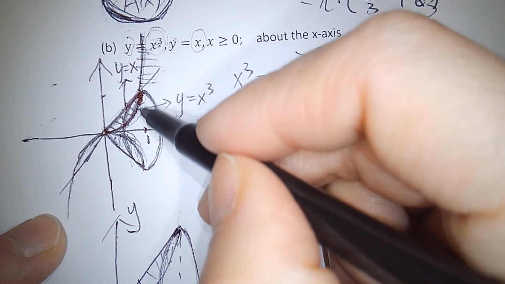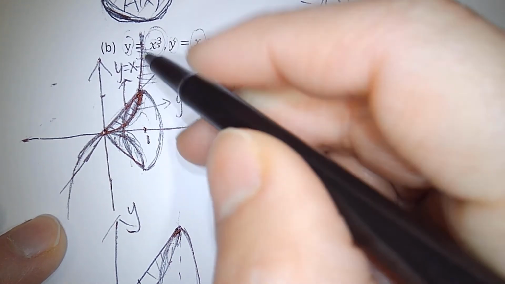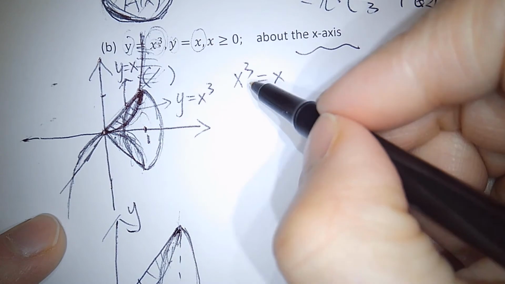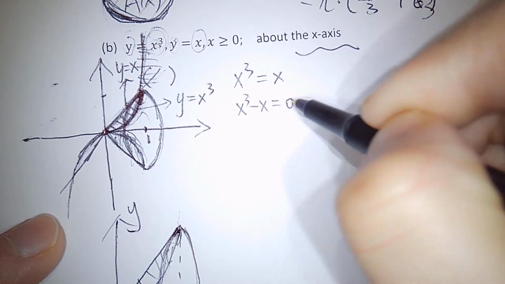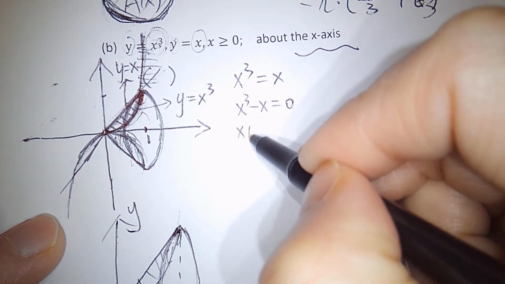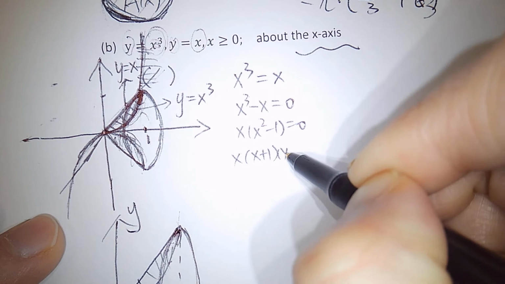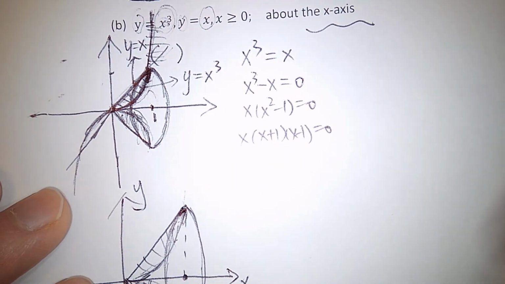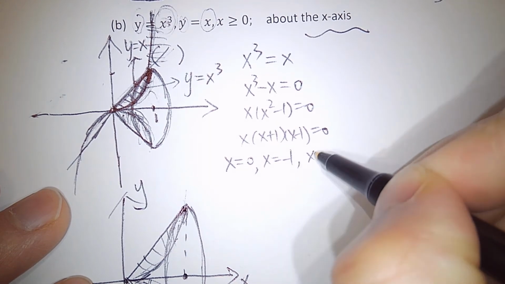Let's solve for x and see what the x coordinate of this point is. It should be x cubed minus x equals 0. x times (x squared minus 1) equals 0. x times (x plus 1)(x minus 1) equals 0. So actually you can get three x values: 0, negative 1, and 1.